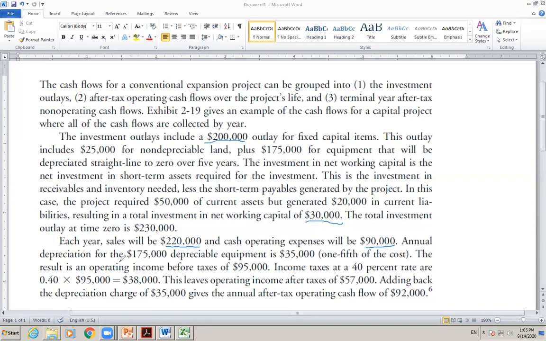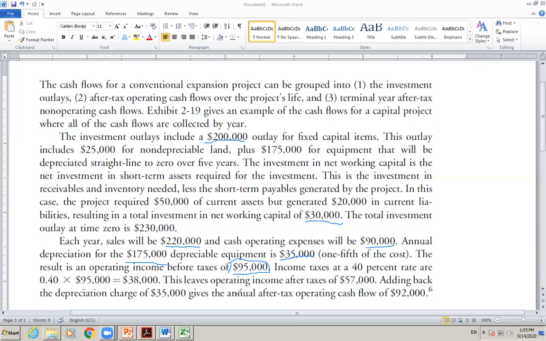And annual depreciation for the 175,000 depreciable equipment, which is 1/5 of the cost, is 35,000. So every year it will be 35,000, distributed equally from the 1st year to the 5th year. So operating income before the taxes, we should get this number.